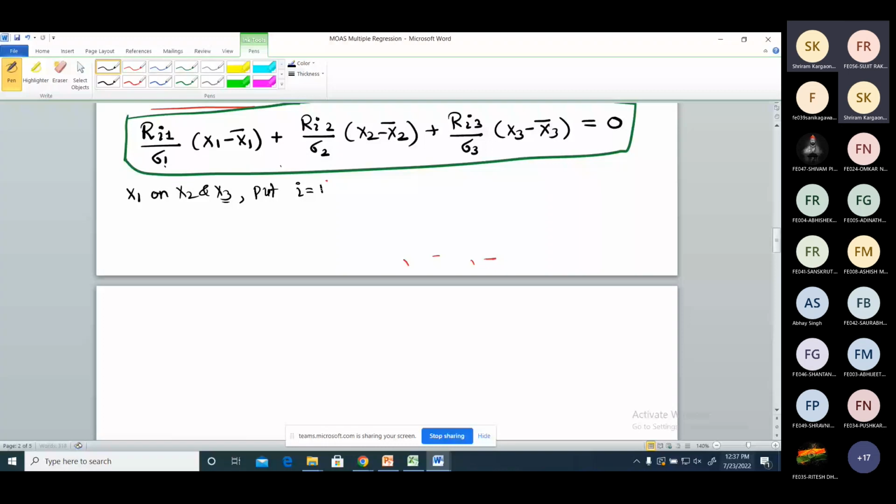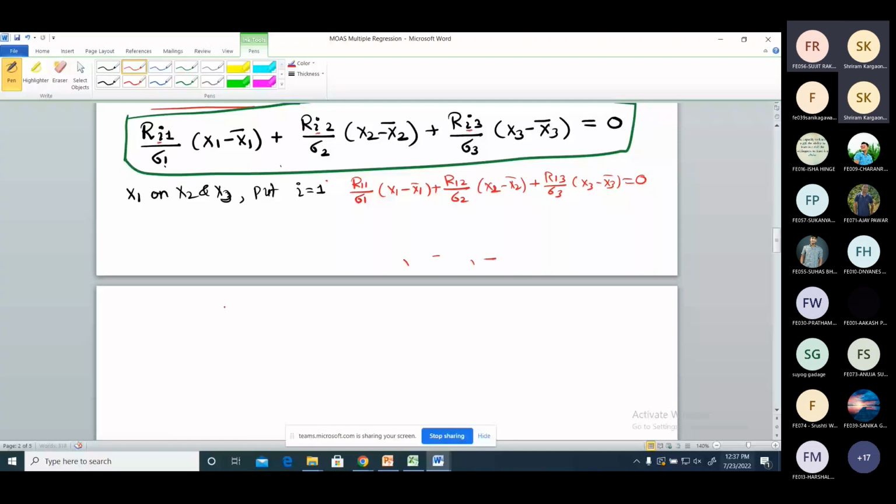So the equation becomes R11 upon sigma 1 into (x1 minus x1 bar) plus R12 upon sigma 2 into (x2 minus x2 bar) plus R13 upon sigma 3 into (x3 minus x3 bar) equals 0. You have to put i equal to 1 wherever you see the i. Okay, got it? Show your thumb.